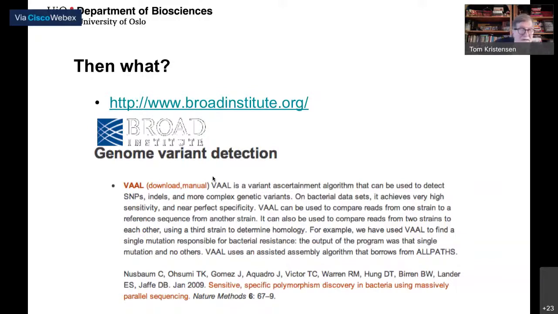So I spent a lot of time scanning through the literature and hit upon a program called VAL, which other people had used to find a single mutation responsible for bacterial resistance to some antibiotics. So this was more or less exactly what we needed. I mean, VAL would take Illumina sequences, map them to a reference genome, and detect differences between the sequences and the reference genome.